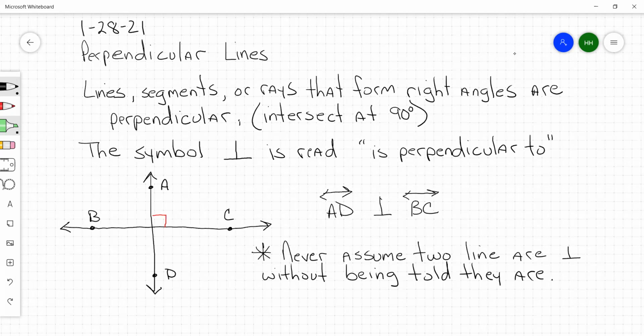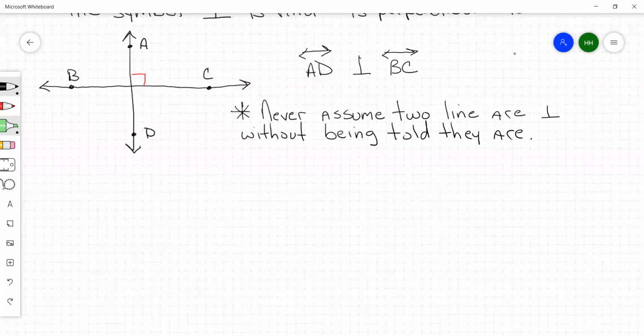A lot of times in this class, don't write this down. Just watch for a second, okay? There will be two lines that intersect. And maybe this is line L and this is line M. And they appear to be perpendicular just by their look.